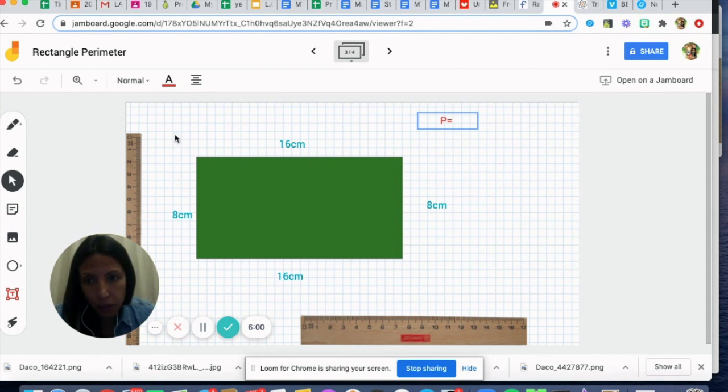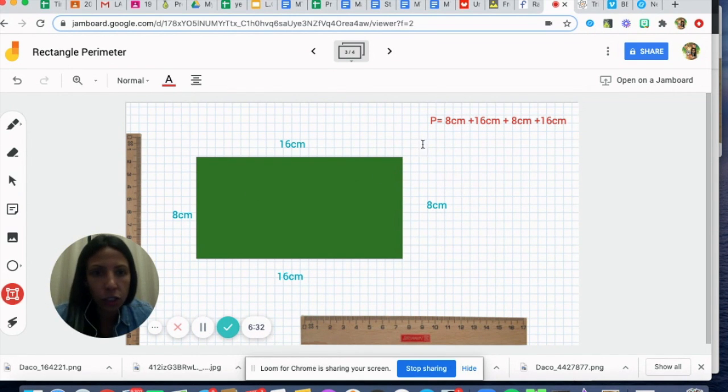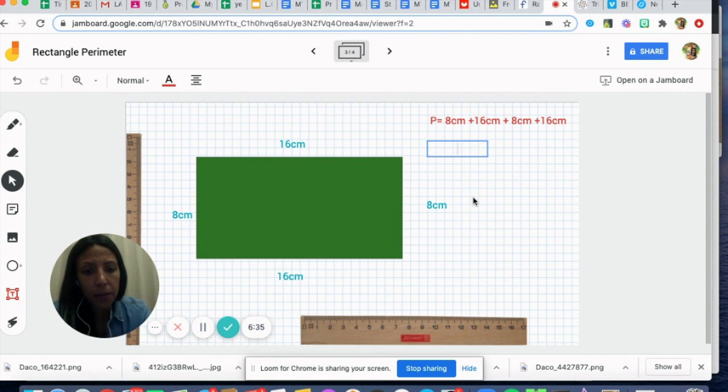Which means I'm going to add this one first, 8 centimeters, add 16 centimeters, add again 8 centimeters, add the last side 16 centimeters, right? But translating this just to numbers, the perimeter is 8 add 16, add 8, add 16.